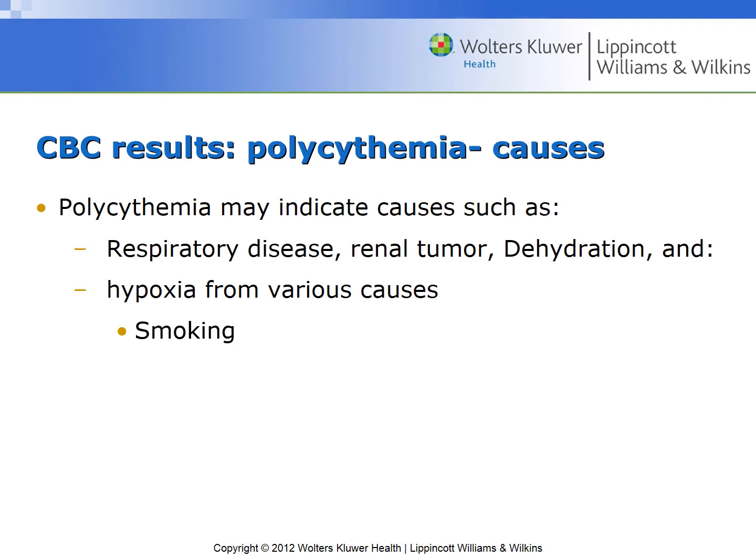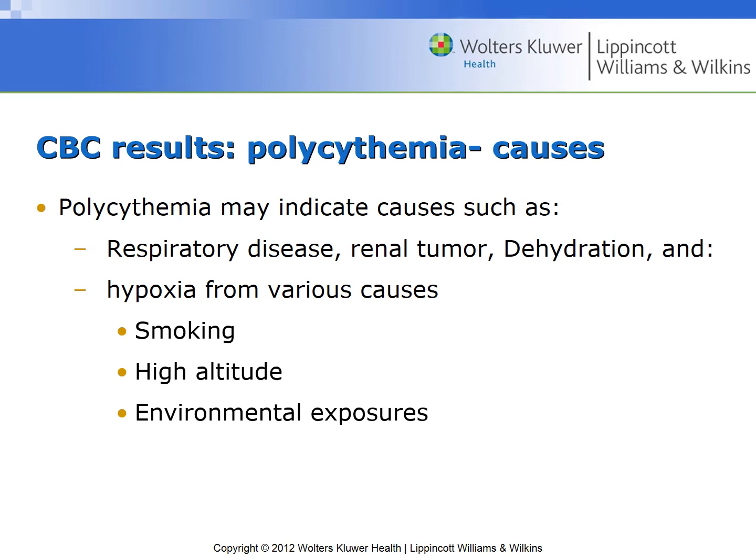Smoking is one that can cause hypoxia. High altitude, like we just talked about. Environmental exposures. Someone who has been working in an environment that puts them at a higher risk or a higher level of exposure to carbon monoxide can be polycythemic, because carbon monoxide will bond tighter to the hemoglobin in blood than oxygen will.